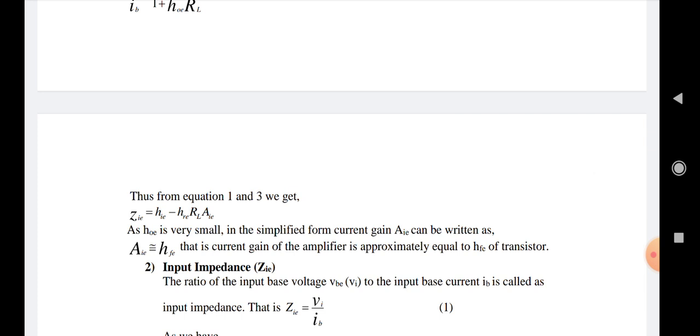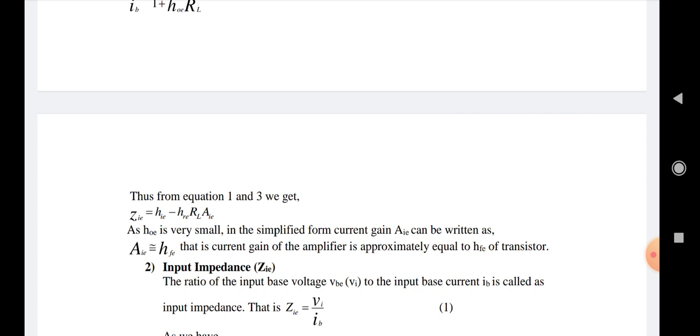It means that from equations 1 and 3 we get AIE is equal to HFE upon 1 plus HOE RL.